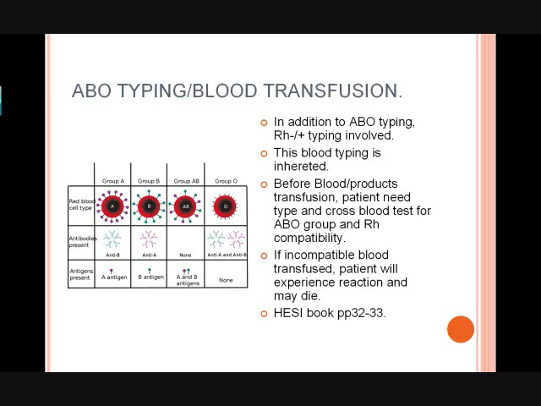So in addition to ABO typing, to find out what type of blood is AB, A, B, O, you need to do Rh antigen testing. And that's just to see if it's positive or negative.